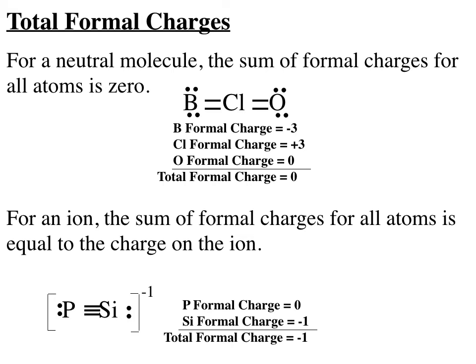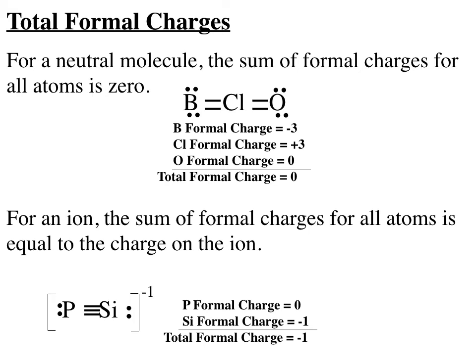And finally for the O, 6 to start with, minus 2 for half the bonding, minus 4, that's 0 formal charge for the oxygen. Now if I sum the formal charges of all, minus 3 plus 3 plus 0 gives a total formal charge of 0.